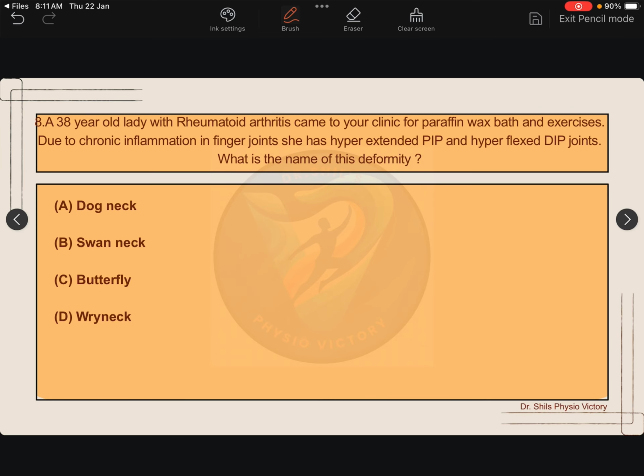What is the name of the deformity? Option A, dog neck. Option B, swan neck. Option C, butterfly. Option D, wry neck. This is a very easy question. This is swan neck deformity. Wry neck is a cervical condition.